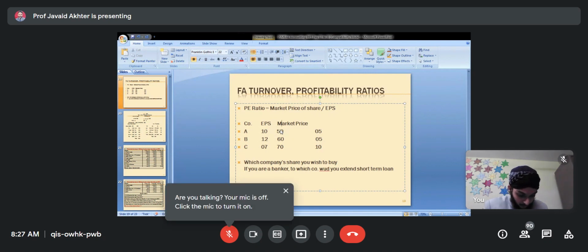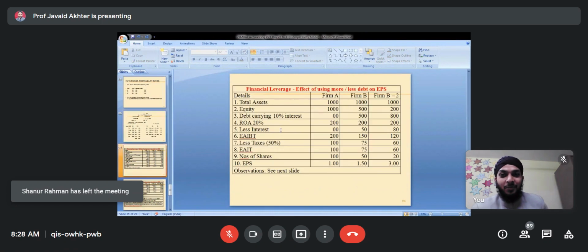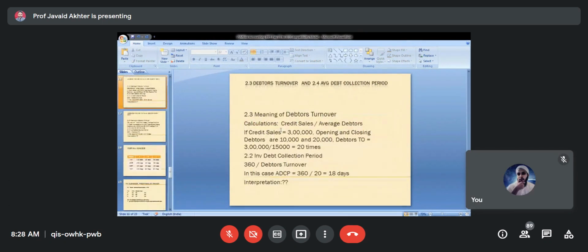Then we go to another group of ratios known as capital structure ratios. If you need to know something more up to this stage, I am there to answer your queries. If not, I'll move on to the next group of ratios, which are capital structure ratios. Just one second.